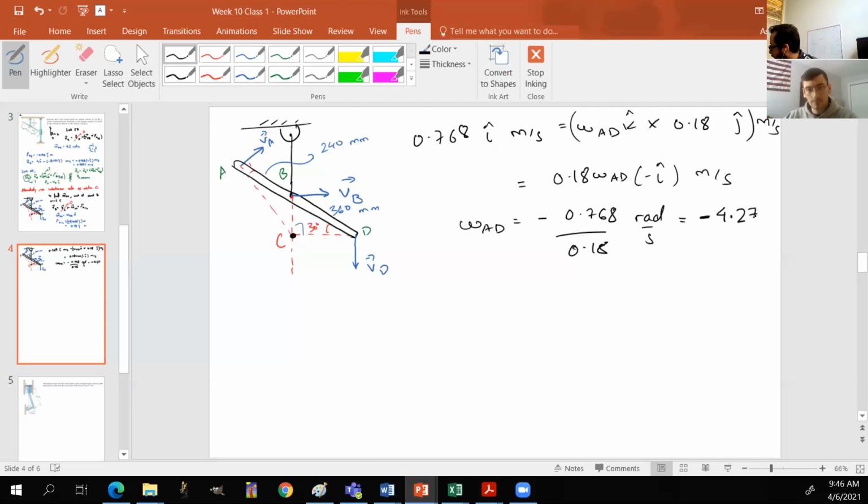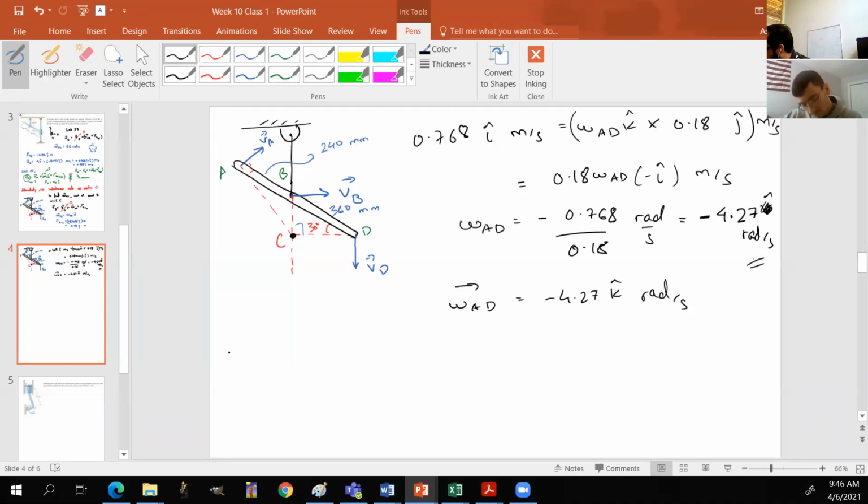Yeah, so minus 4.27 k hat radians per second. So what that means is that this link AD is moving clockwise. All right. So that's your first problem that you're looking for. So omega AD is equal to minus 4.27 k hat radians per second.